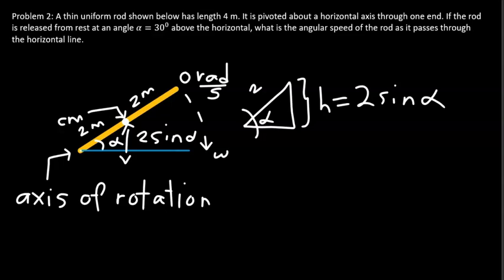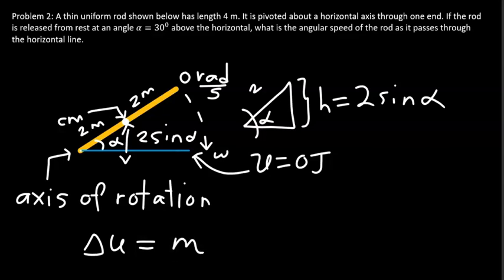So there will be a loss in its gravitational potential energy. That is the 0 joule level for the gravitational potential energy. So that means the change in the potential energy of this rod is given by the mass, m, gravitational acceleration, g, and h, which is 2 sine alpha. Alpha is 30 degrees.